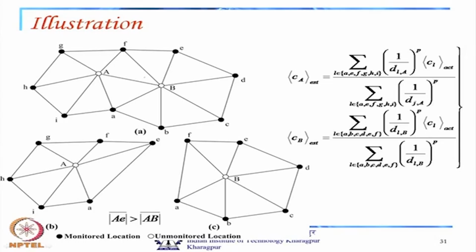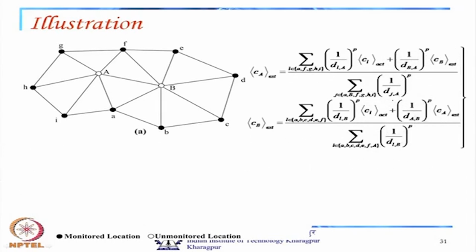So the information of B should be utilized while calculating A, and the information of A should be utilized while calculating the value of B. So this is an estimated value.